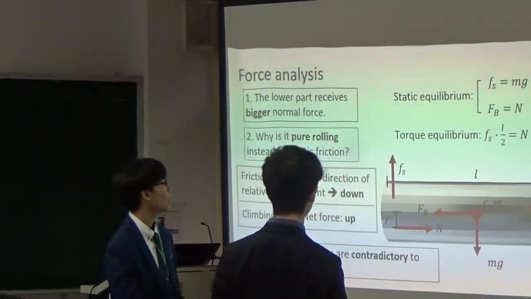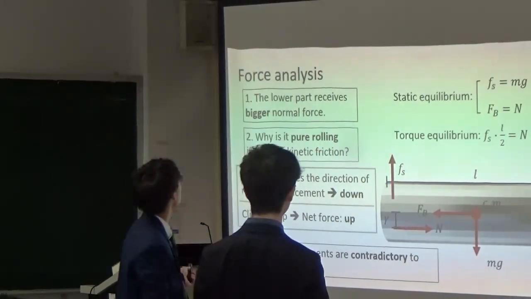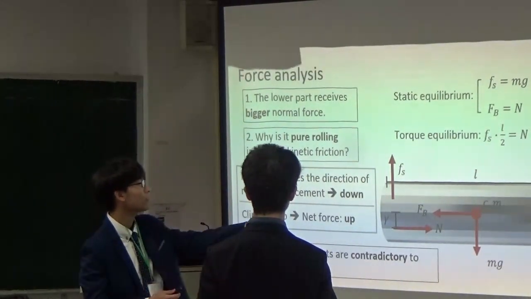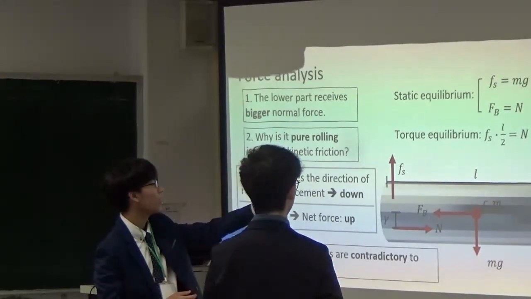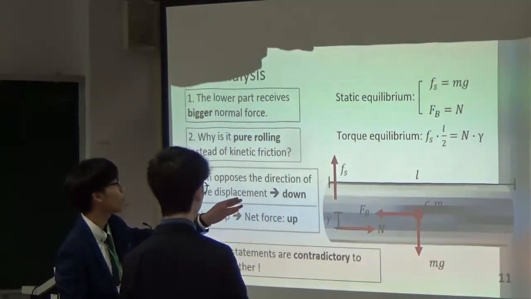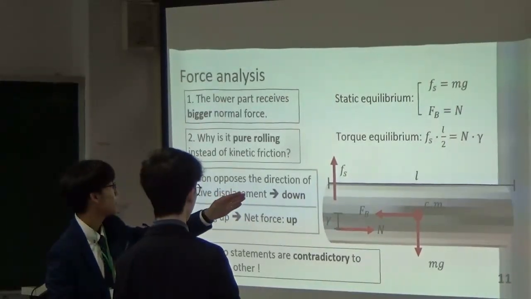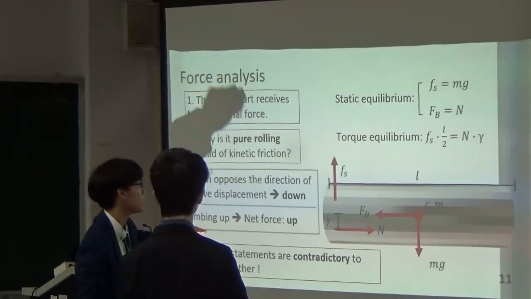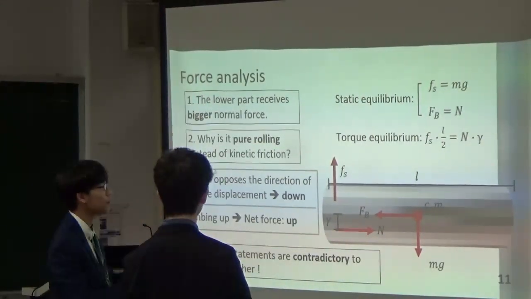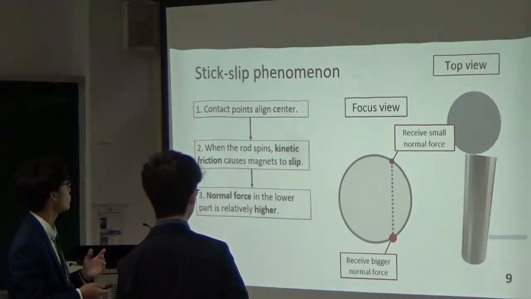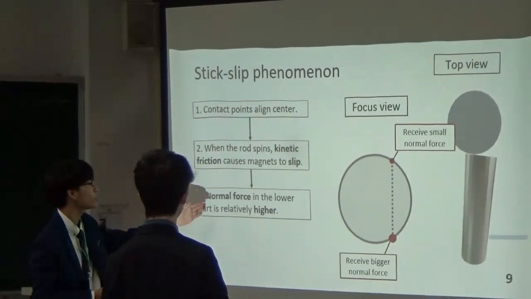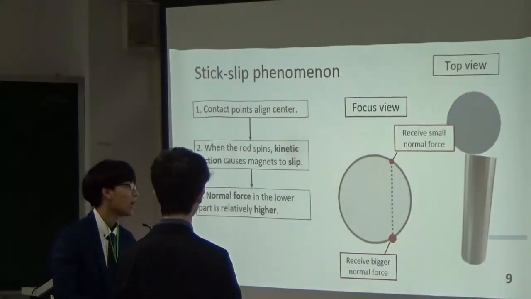Well, as we mentioned, the torque equilibrium means the static friction times half of the magnet's length is equivalent to the normal force times omega. So through this equation, we can see that the normal force is larger at the lower part of the contact point, and in order to make our climbing explanation work, the normal force in the lower part has to be relatively higher.